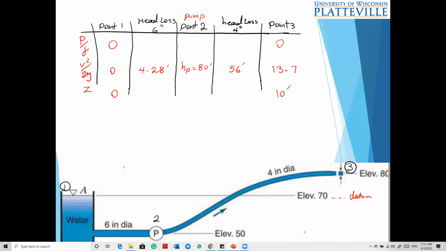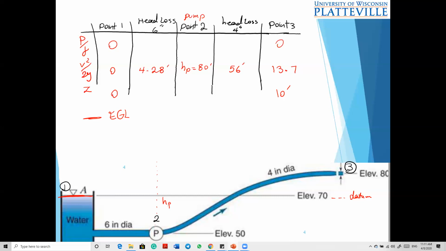So the energy line at the water tank is right here. Let's say this color is the energy grade line, and then I use another color for the hydraulic grade line. Then the pump is the second point, right? So before I get to point 2, I have some head loss. What is this head loss?